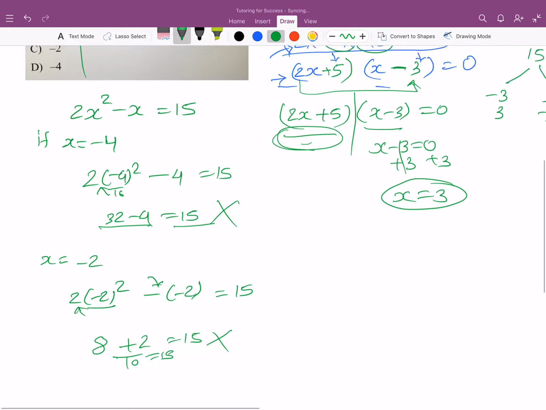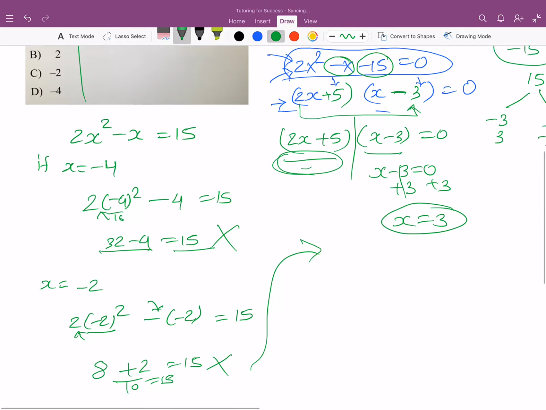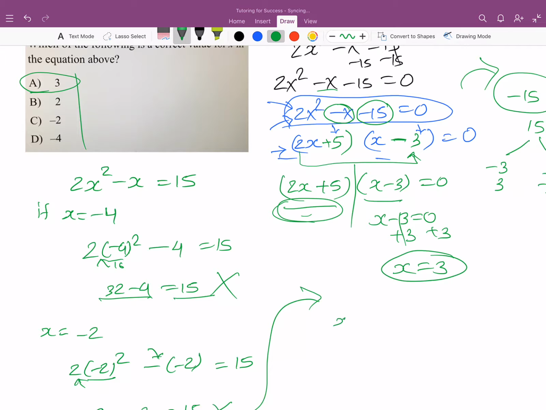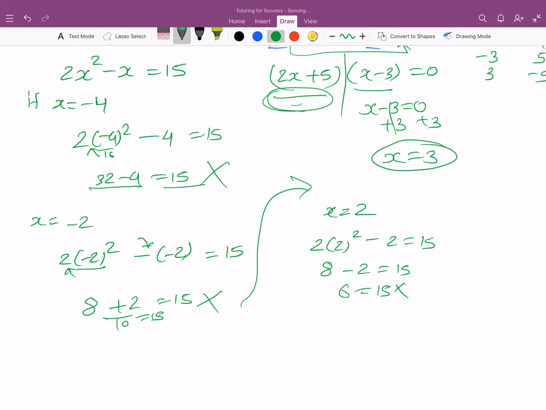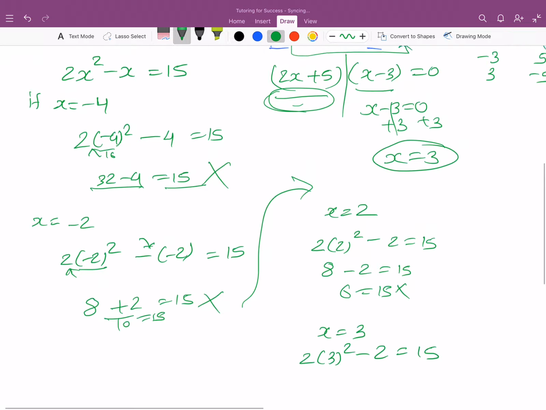Okay, so the next one, which is the last one, is x equal to 2. 2 squared times 2 minus 2 equals 15. We know it's 8 minus 2, and that's 6 equals 15, not valid. One more. What happens if x is 3? 2 times 3 squared minus 3 equals 15.